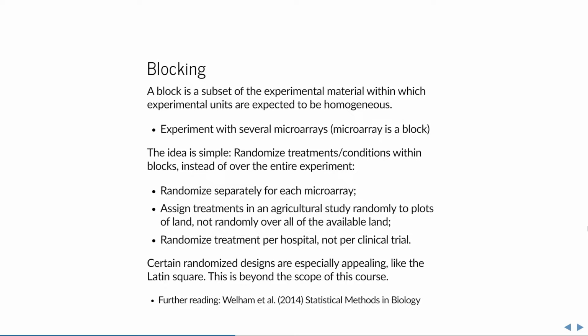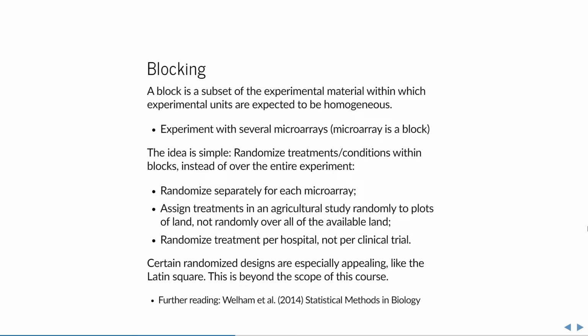The idea is then simple. You randomize your treatments or conditions within blocks instead of over the entire experiment. So in the first example, you would randomize separately for each microarray. And let's say that you have some agricultural study where you have different plots of land, then you would want to randomize over each plot and not over all of the available land at once.